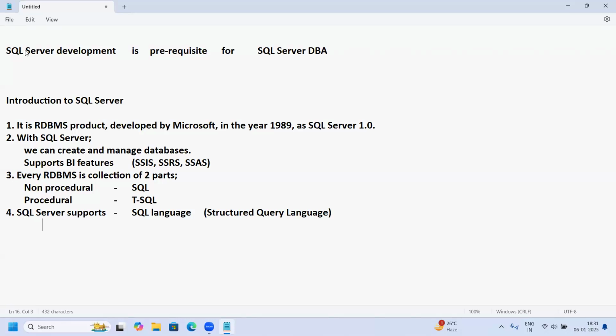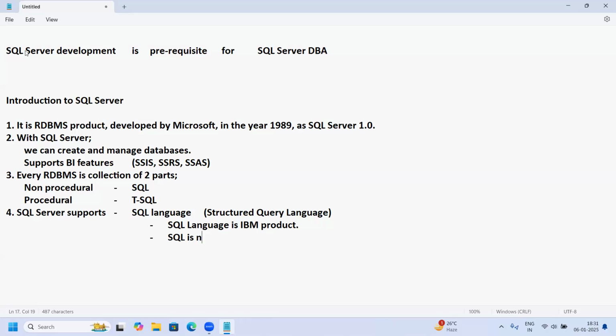There are a lot of technical points on the SQL language, and I'm not talking about all those. Connecting with SQL language, the first point you have to say: SQL language is an IBM product. That language was developed by IBM.